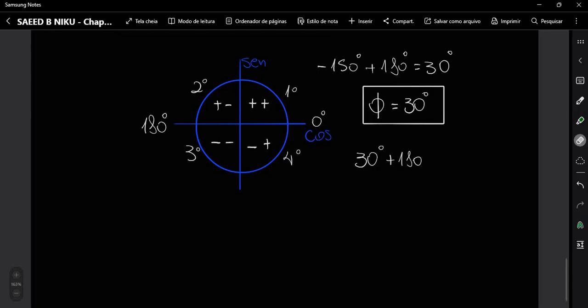For now, I will erase this order because I don't know exactly the order, and in the next video I will give you the right order. And right here is 210, and this is the solution for the complementary one.